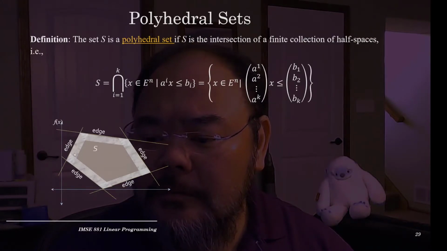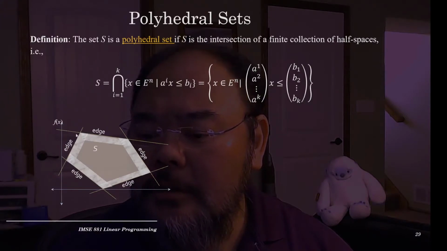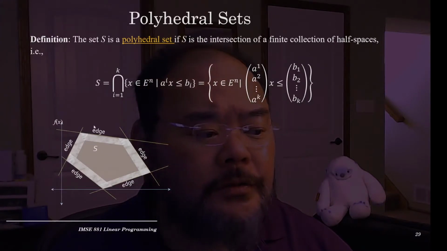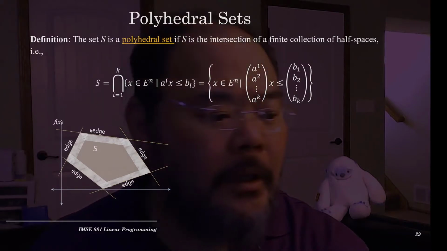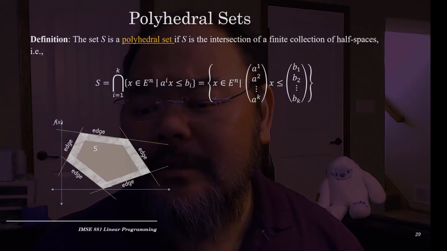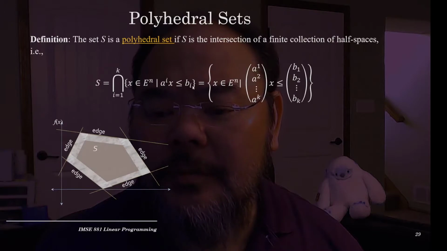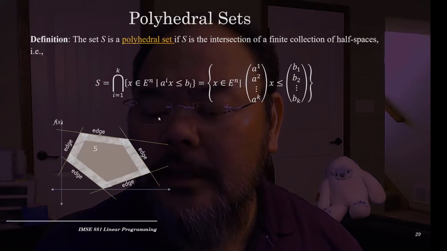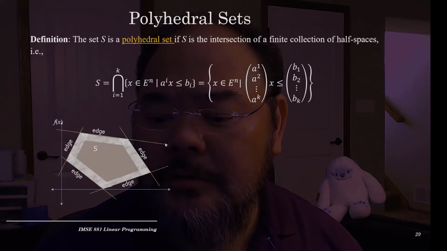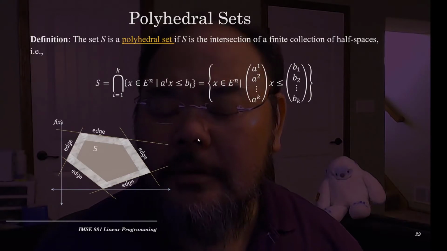So if it's formed by an intersection of these half spaces, bounded by hyperplanes, illustrated here as the edges, it is the intersection of all the half spaces. Equal represents the hyperplane, and less than or equal or greater than or equal is the half space.